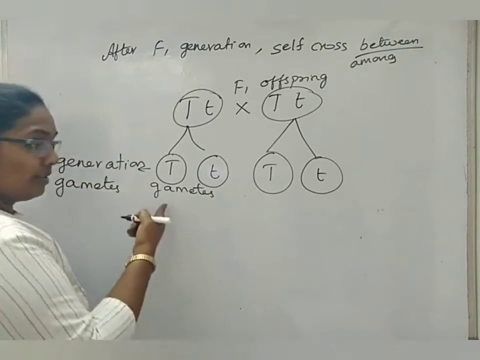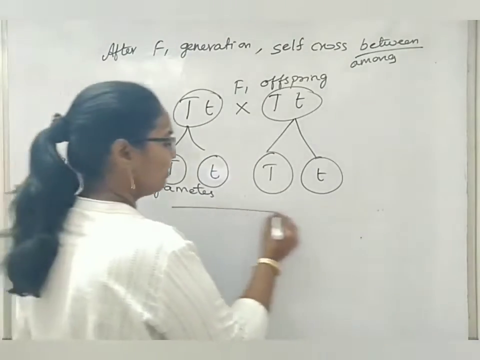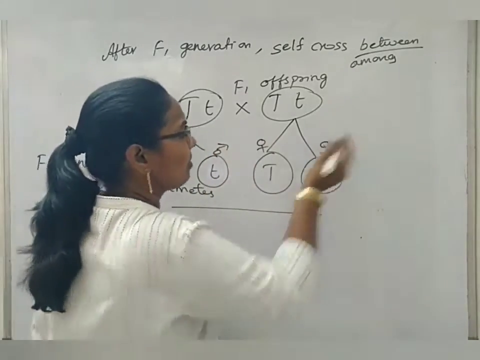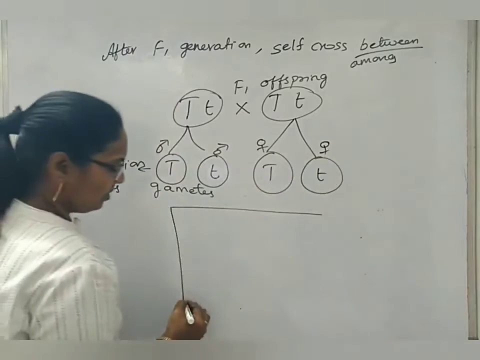Now, directly I'm going for the Punnett square of this. Think that these are the male pollen, and these are the female pollen. Let's write a Punnett square.